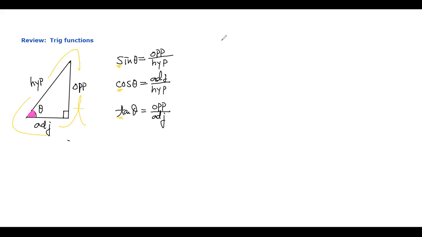After you know these 3, the next 3 are very easy. The reciprocal of sine is cosecant, so cosecant is just flipped: hypotenuse over opposite.